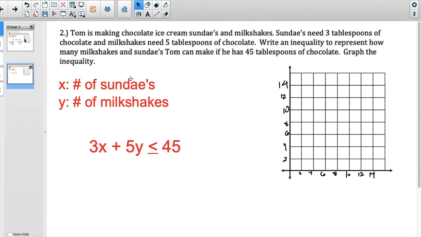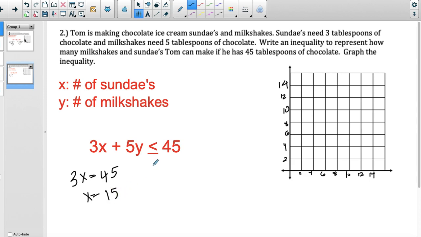If I do only sundaes, that would have 0 milkshakes. I would have 3x equals 45. Divide both sides by 3, and we would have 15 total sundaes.